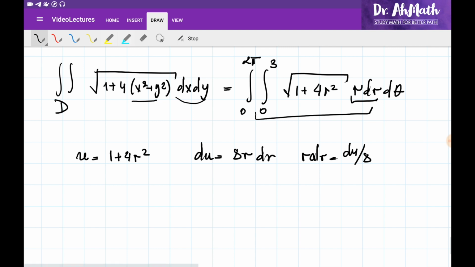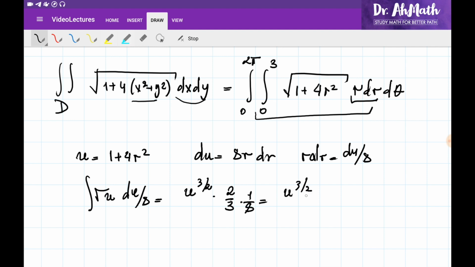So let's integrate this. It would be the square root of u multiplied by du over 8. The integration of this would be u to the power of 3 over 2 multiplied by the reciprocal of 3 over 2, which is 2 over 3, multiplied by 1 over 8. And we would have u to the power of 3 over 2 divided by 12.